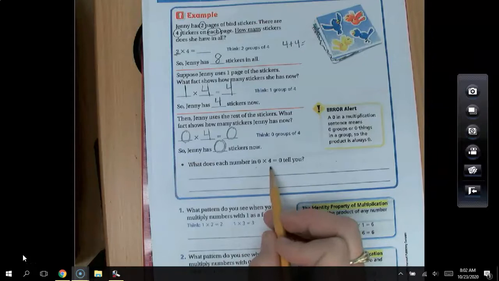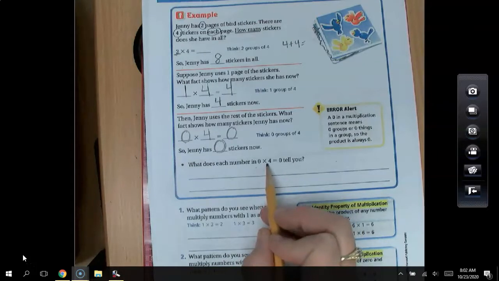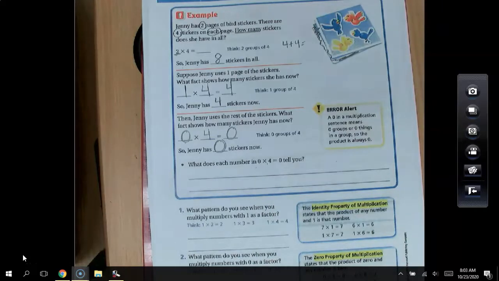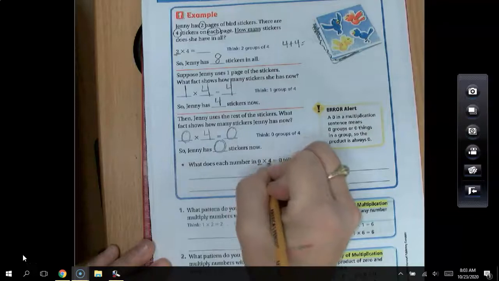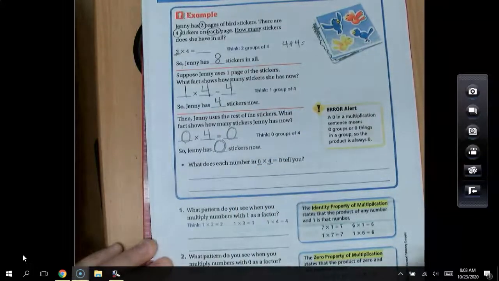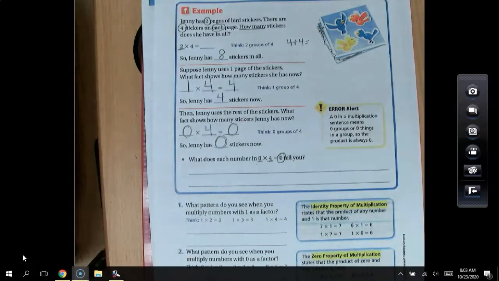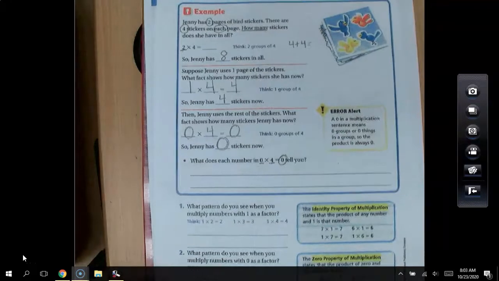The 4 tells me that there were 4 stickers on each of the pages. And my product 0 tells me that there's no stickers. She used them. Remember, these two numbers right here are called factors. And the answer to multiplication is the product.